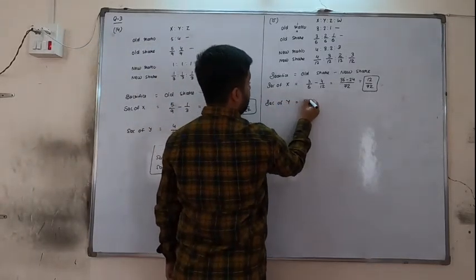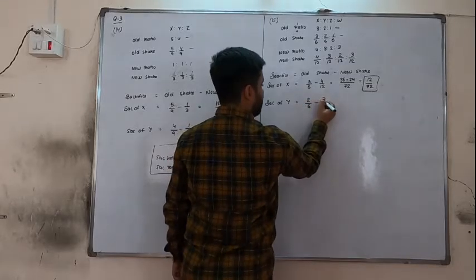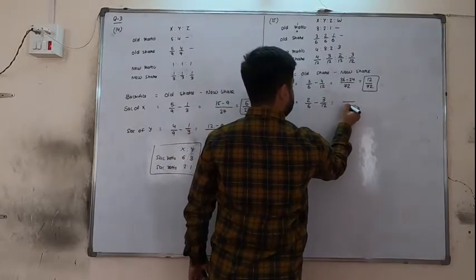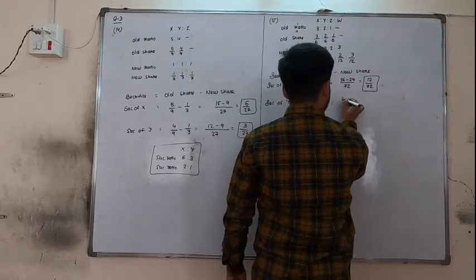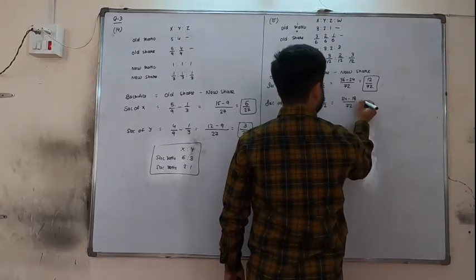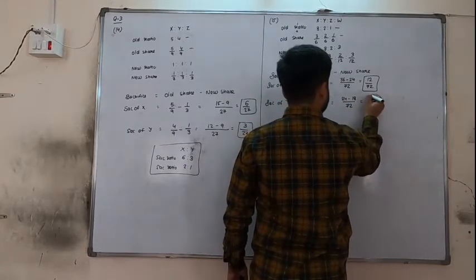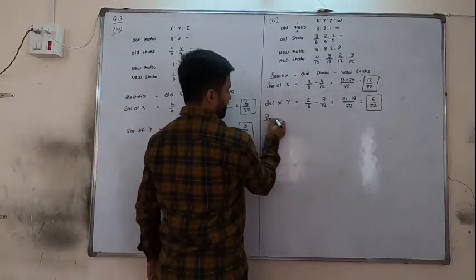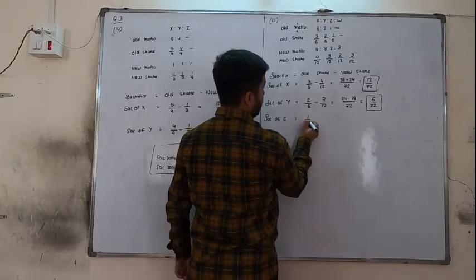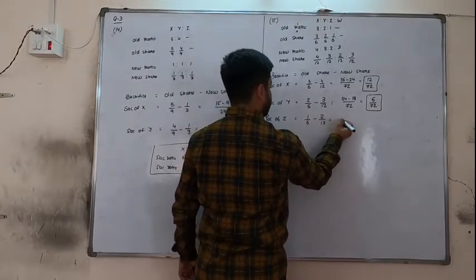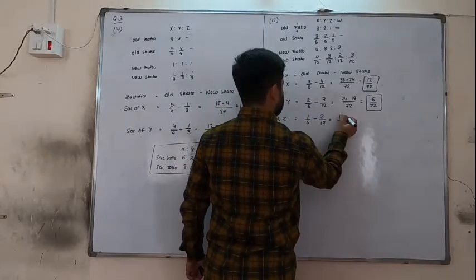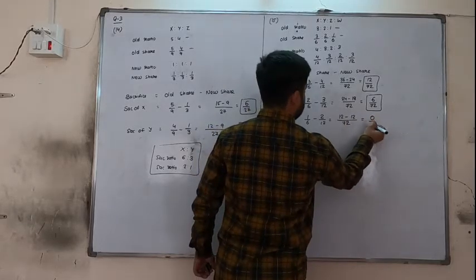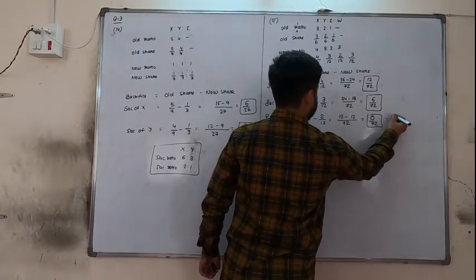Sacrifice of Y: 2 by 6 minus 3 by 12. 12 6s are 72, 12 2s are 24, 6 3s are 18, so 6 by 72. Sacrifice of Z: 1 by 6 minus 2 by 12. 12 6s are 72, 12 1s are 12, 6 2s are 12, so 0 by 72 is 0.